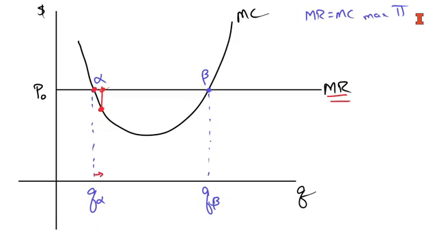Alpha can't be right because there's a point to the right where it's better. In fact, if you were to continue to step out here, you'd continue to make revenue on the margin in excess of costs on the margin. Positive revenue above cost, positive until you get right to beta. Once you're at beta, if you go one more unit to the right, that's a bad deal.